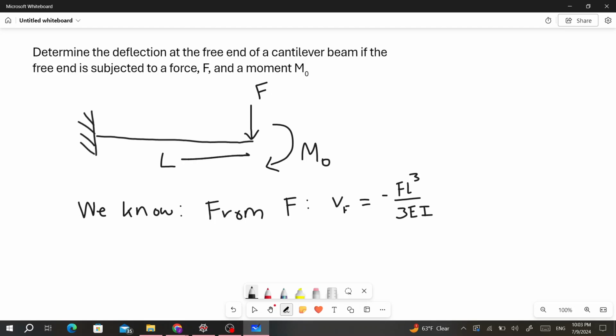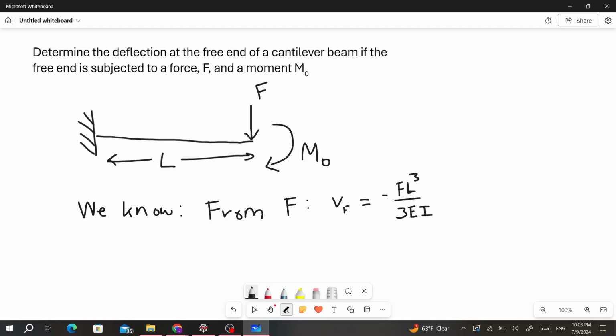And again, the length of our beam is L, modulus of elasticity E, moment of inertia I. Okay, and the deflection downward is negative, upward is positive.